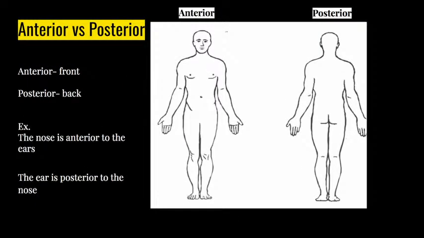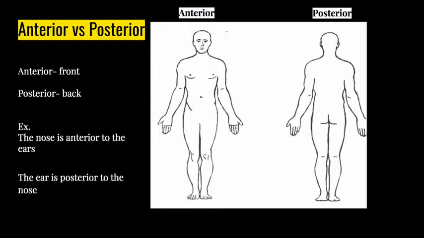When looking directly at a person's face, you're viewing his or her anterior. Anterior comes from the root word ante, meaning up front. For example, the nose is anterior to the ears because it is closer to the front of the body. The term ventral can be used in place of anterior as well.